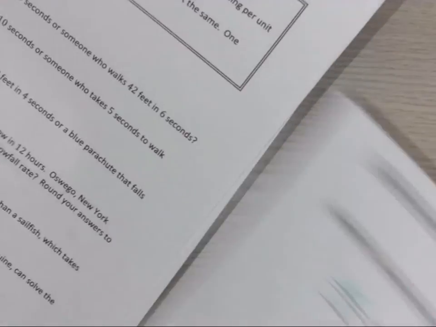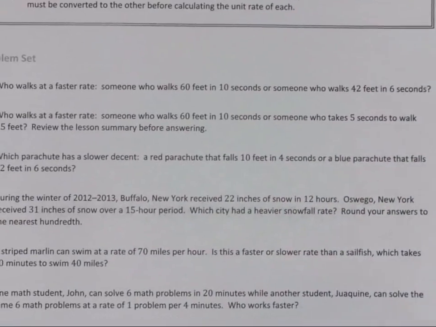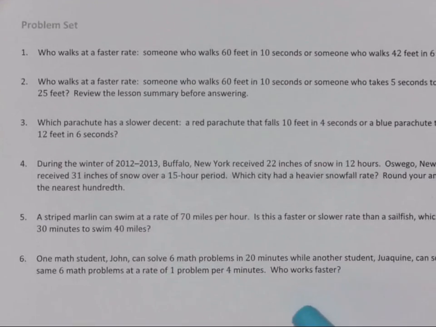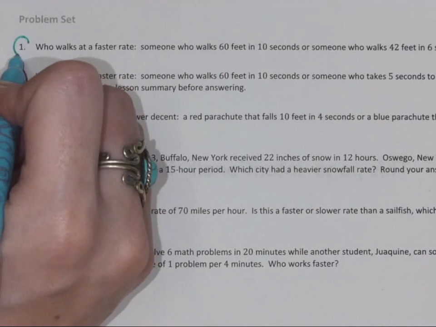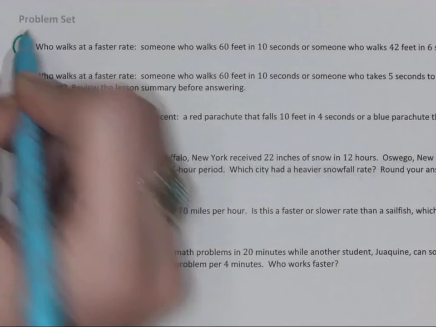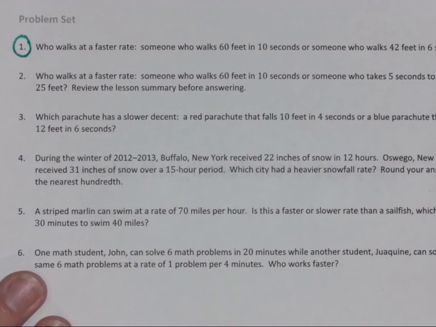Go ahead and turn the page to page 119. And on page 119, you will find your problem set. Now, your problem set should look familiar because number 1 is on your homework. You're level 0. I'll wait.